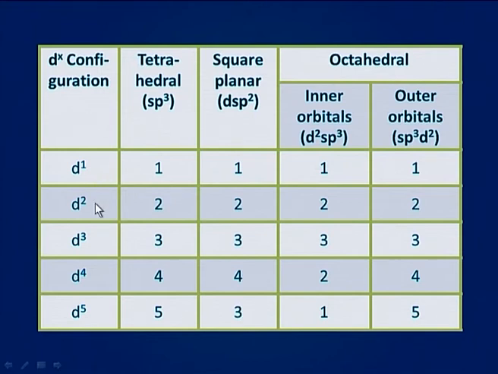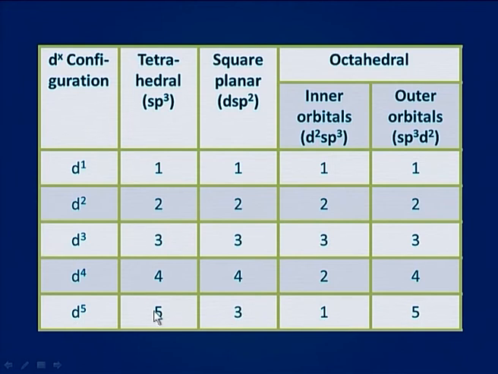For d1, d2 and d3 configurations, there is no difference in the number of unpaired electrons for tetrahedral, square planar, inner orbital and outer orbital octahedral geometries. But for d4, 4 unpaired electrons are there for tetrahedral, 4 for square planar, 2 for inner orbital octahedral and 4 for outer orbital octahedral complexes.